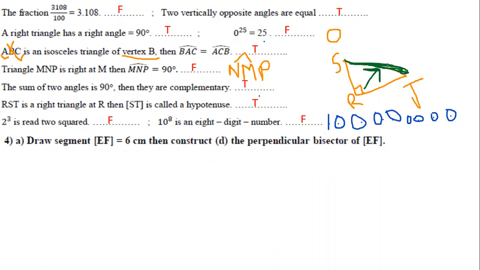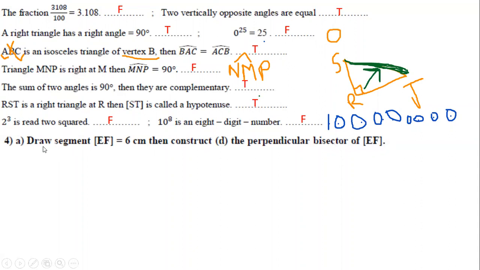Please, Adam, read exercise number 4. Draw segment EF equals 6 centimeter, then construct the perpendicular bisector of EF.